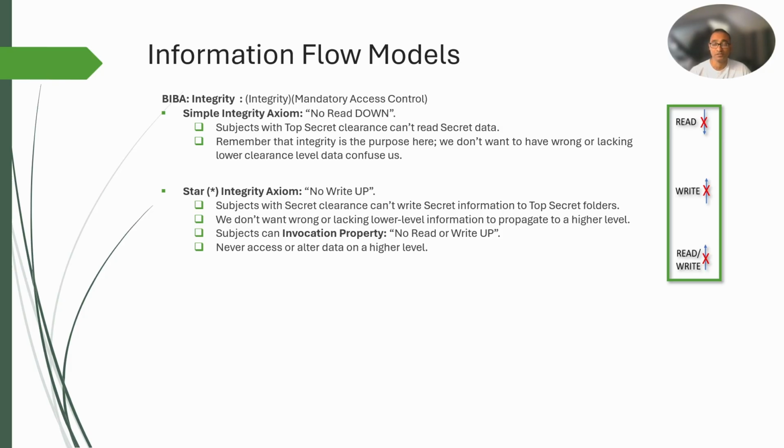It has to be crystal clear, and not confused with the properties of each other. Sometimes in the exam, they may throw a question which tests you on both the confidentiality and integrity models in one question, so be very careful when you attempt such a question on information flow models.